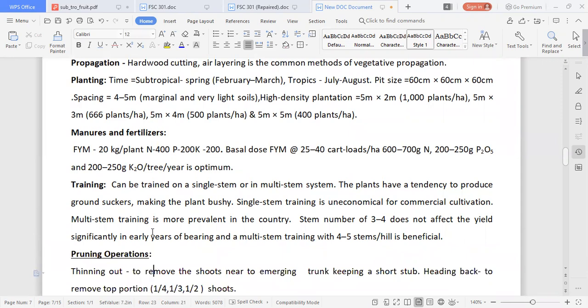So in pomegranate, training and pruning operations are very important. Training is essentially for giving proper shape as well as framework to the plant for establishment. After that, branches will be spreading. So initially, what you have to do?